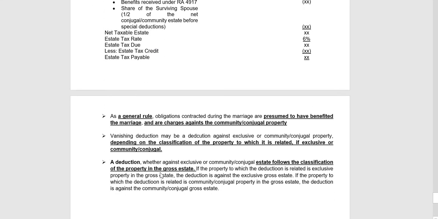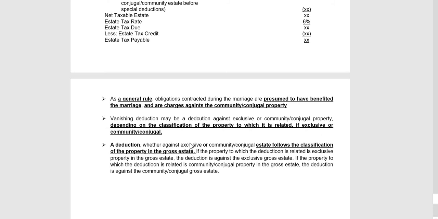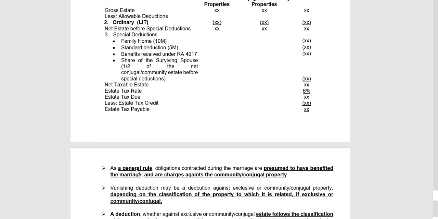Okay? As a general rule, obligations contracted during the marriage are presumed to have benefited the marriage and are chargeable against the communal or conjugal property. The vanishing deduction may be a deduction against exclusive or communal property. It depends, because there are deductions that must be in the gross estate for them to be deductible.